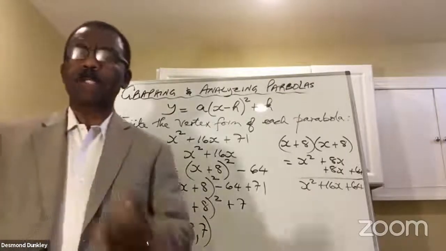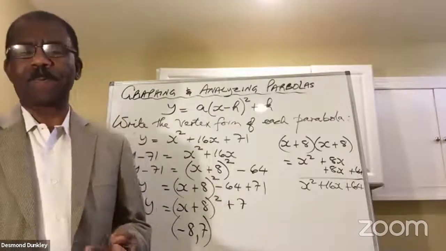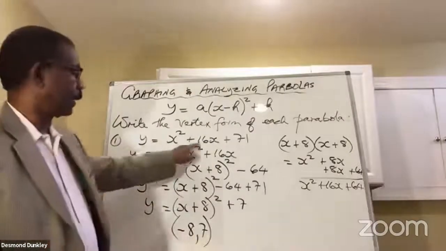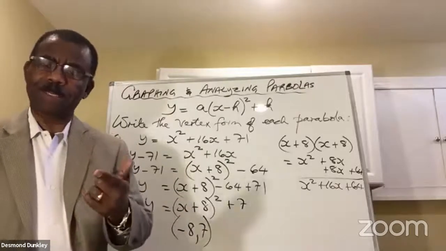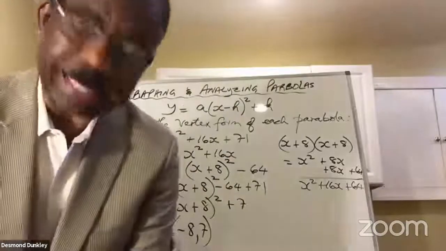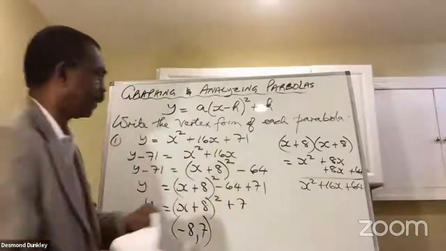Now, let's go back to before we talked about the vertex form. Suppose I just looked at this and I asked you to find the vertex. Let's see if it would come out with the same answer. Keep your fingers crossed.